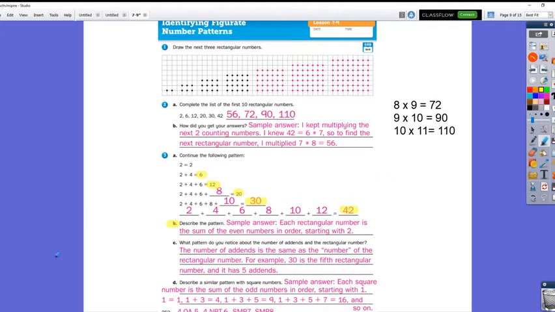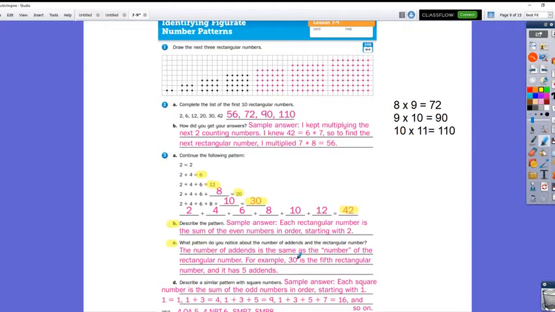All right, C. Now, this is a sample answer, students, so if you put something different, that could be correct as well, just as long as it fit the pattern. C, what pattern do you notice about the number of add-ins and the rectangular number? Well, we hinted at that before. Here it says the number of add-ins is the same as the number of the rectangular number.